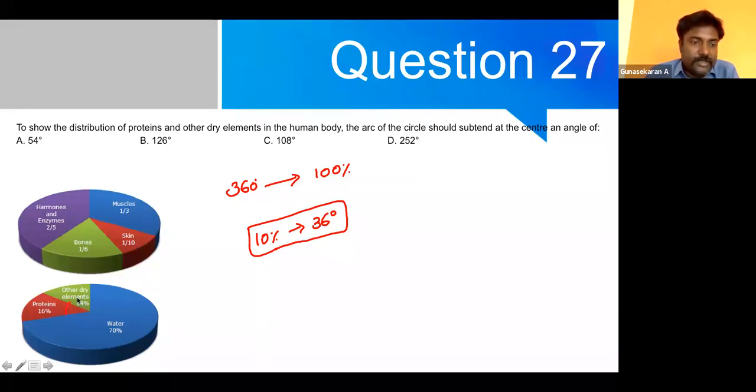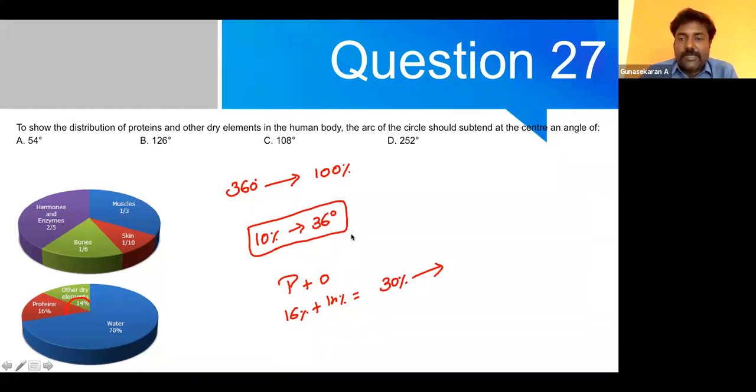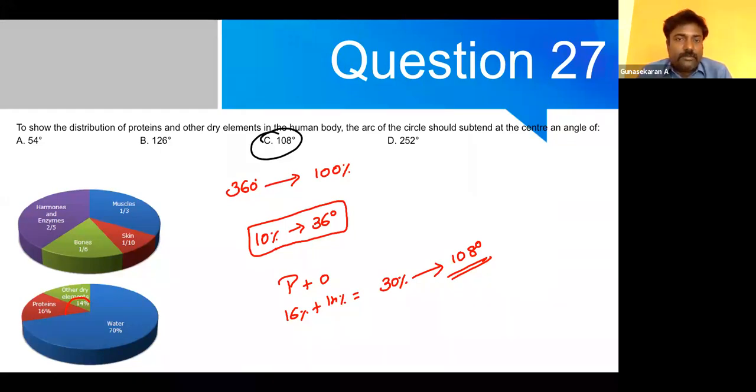Proteins and other dry elements constitute 16 plus 14, 30%. 30% represents how much angle is the question. 10% is 36 degrees, so 20% is 72 degrees, 30% is 108 degrees. Is it clear? Like that it will go.